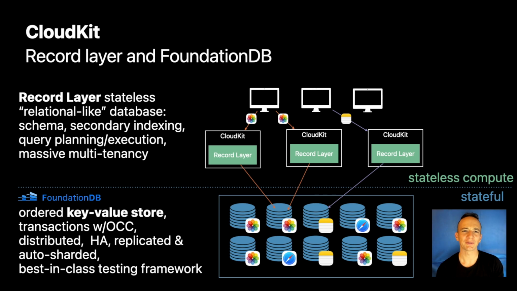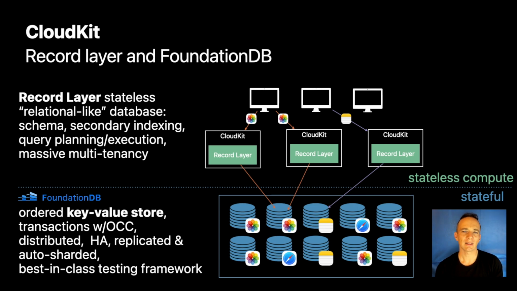CloudKit relies on FoundationDB, an open source key value store which we are presenting in this year's SIGMOD, and on FoundationDB Record Layer, an open source database published in SIGMOD 19. At a high level, FoundationDB is a stateful storage tier, providing ordered key value storage and supporting strongly consistent multi-key transactions. For many more interesting details, please see the FoundationDB presentation.